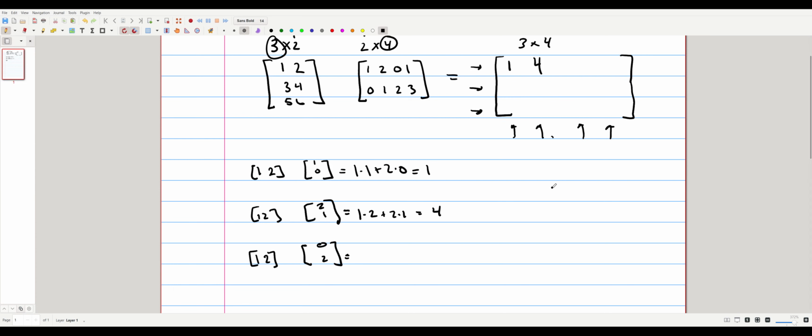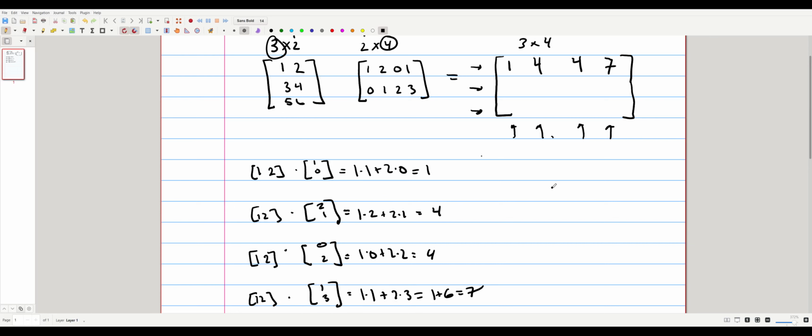And so this is going to equal 1 times 0 plus 2 times 2, which is also 4. And then for our last of the first row, it's first row times fourth column. This is 1 times 1 plus 2 times 3. And so it's 1 plus 6, which is 7.